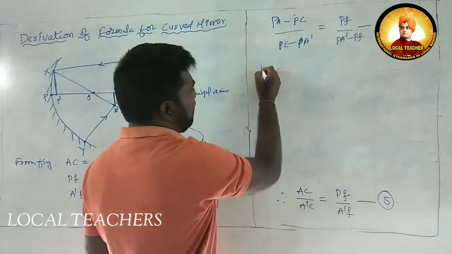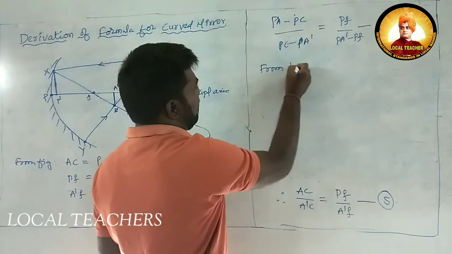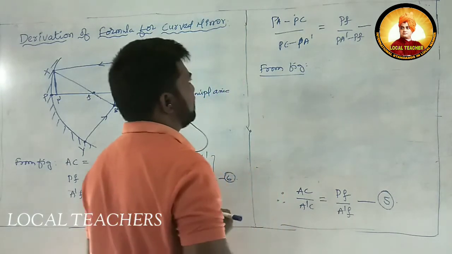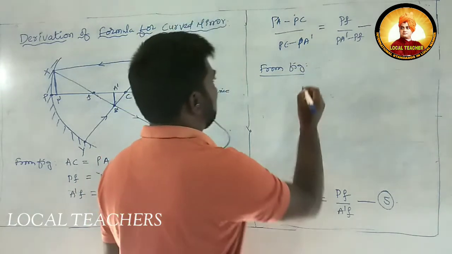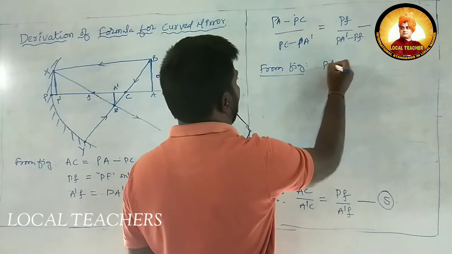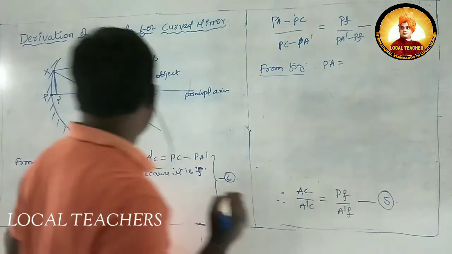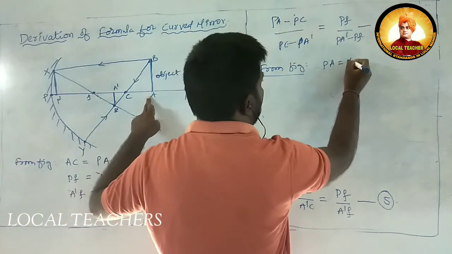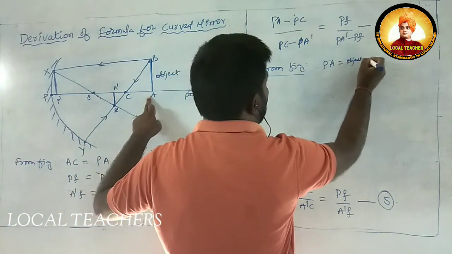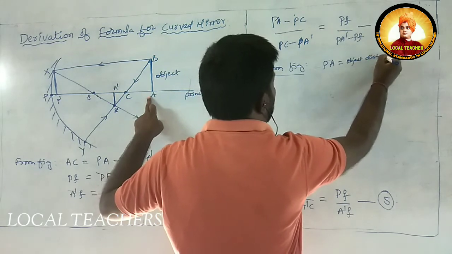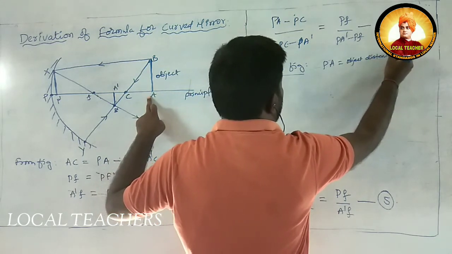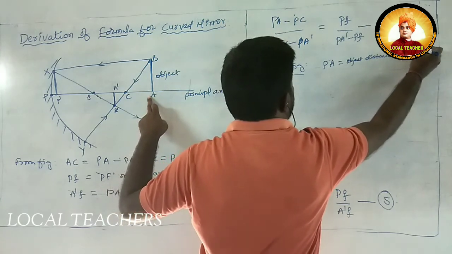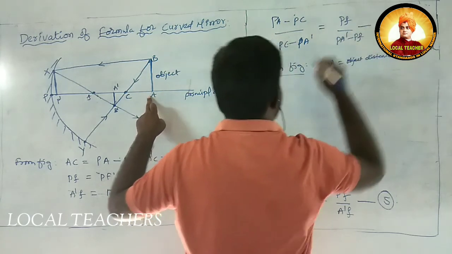So from the figure, identify the distances. PA, in the figure, is the object distance from the mirror, that is u.